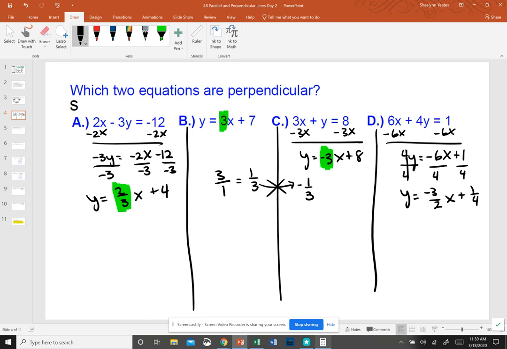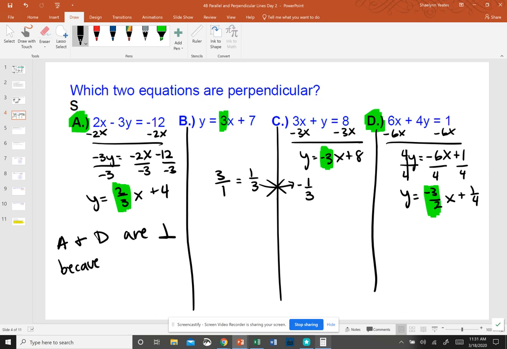Nothing super exciting there at the end. Okay, now this is my last slope. Is this one anything flipped over and flipped the sign? Do you see it? You're right. It's A and D. So I would write A and D are perpendicular. Remember, that's the symbol for perpendicular.